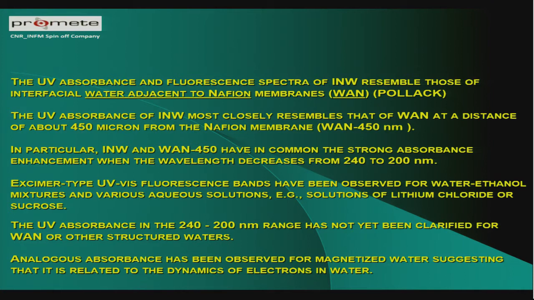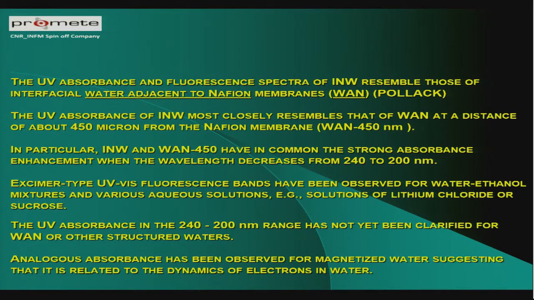It is interesting that this UV absorbance and fluorescence spectra also resemble those already measured by Pollack's group of interfacial water adjacent to Nafion membranes. In this case, the UV absorbance of iteratively nafionated water resembles that of water near Nafion membranes, at a distance of about 450 micron.